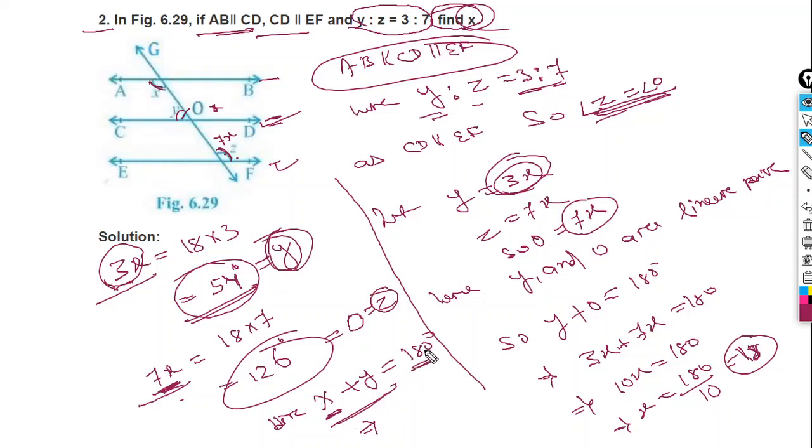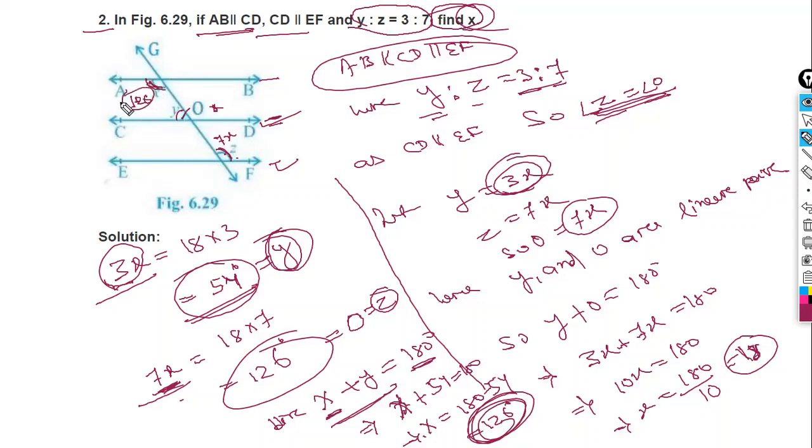So x plus y equal to 180, so x plus 54 equal to 180 implies x equal to 180 minus 54 equal to 126 degree. So we got the value of x.